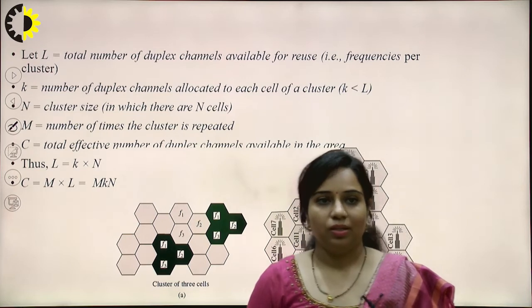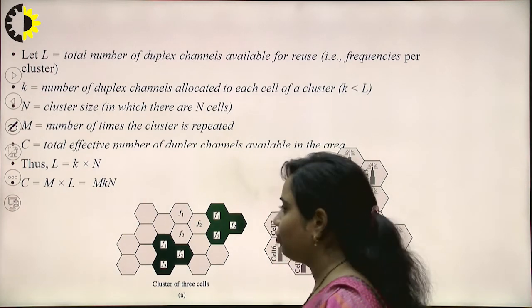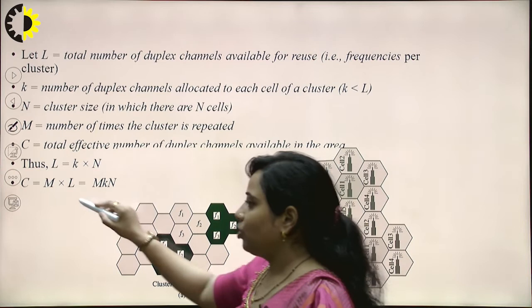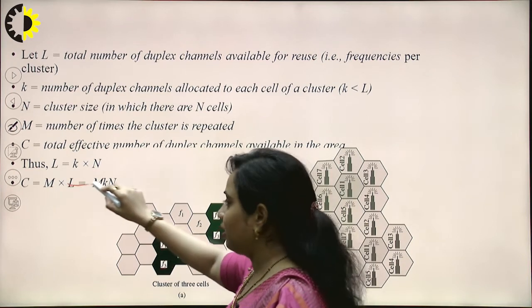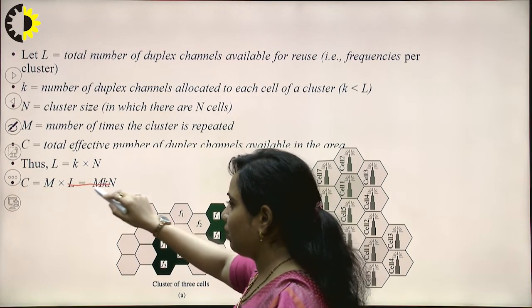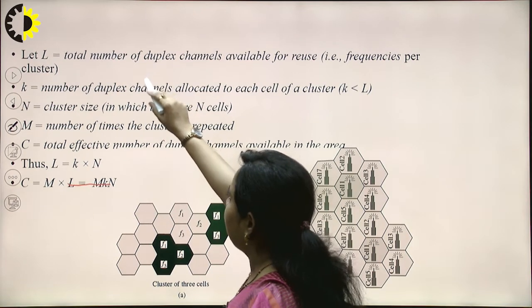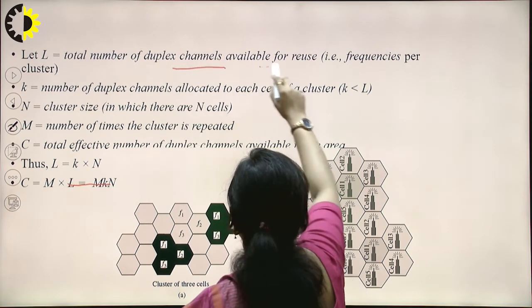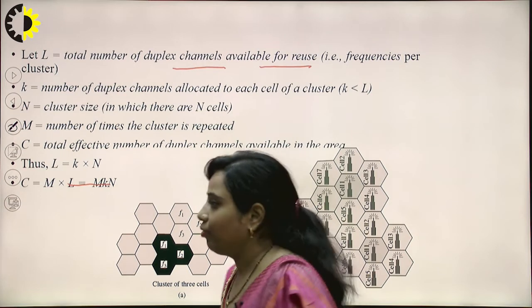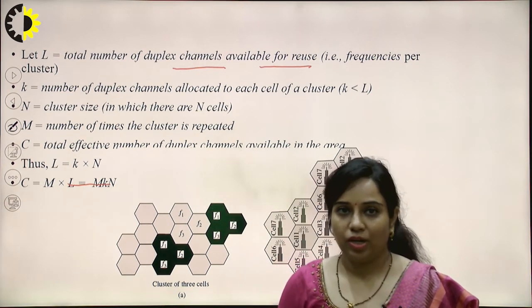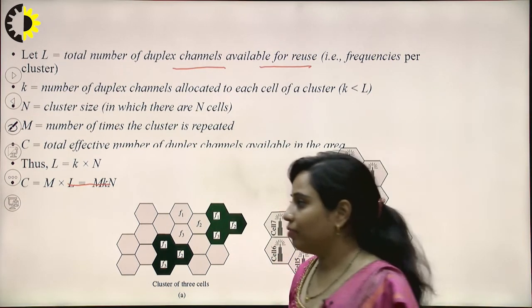Now next one, this is a very important formula to calculate the total effective number of channels, that is given by C is equals to M into L. Now what is L? L is the total number of duplex channels available for the reuse. Like for reuse we require one forward channel, and another is required as a reverse channel.